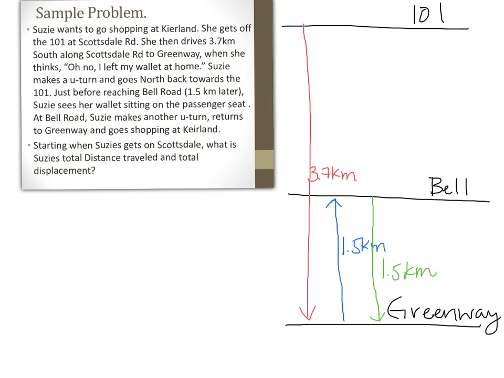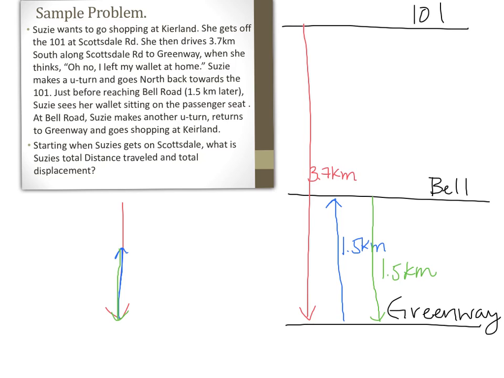So there are her vectors. Now, I drew these vectors side by side so it's easier to see, but really what's happening is we have the red vector, and then in the exact same position we have our blue vector, and right on top of that we have our green vector. It's just that when you start drawing lines on top of each other, they get hard to see.